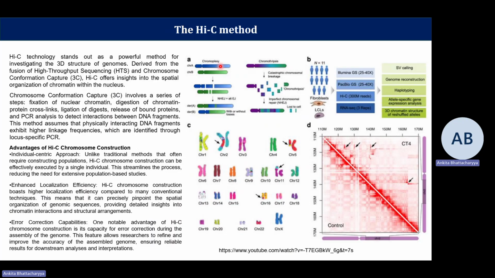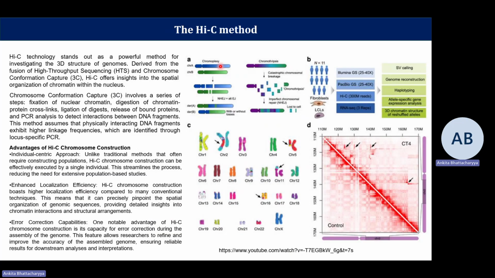First, it is an individual centric approach. Unlike traditional methods that often require constructing populations, Hi-C chromosome construction can be completely executed from a single individual, and this streamlines the process, reducing the need for extensive population based studies. Second, enhanced localization efficiency.